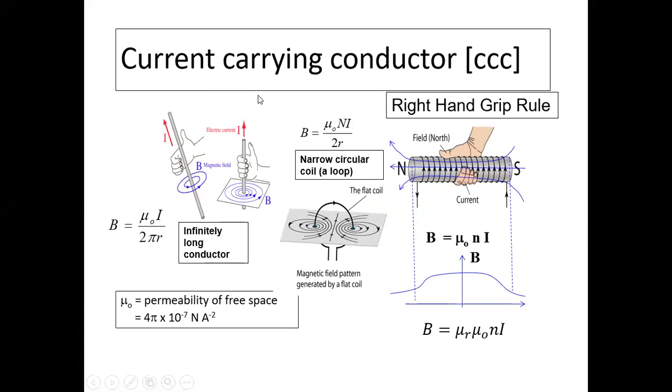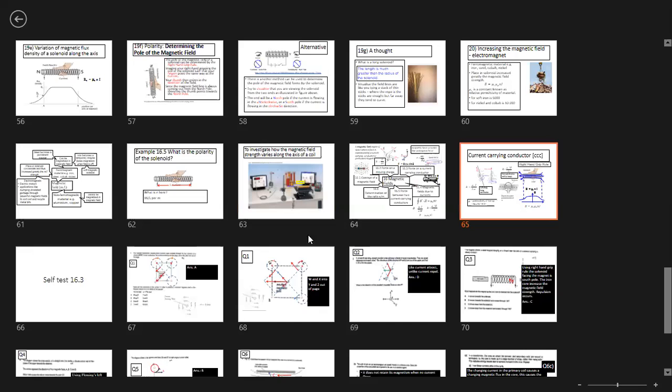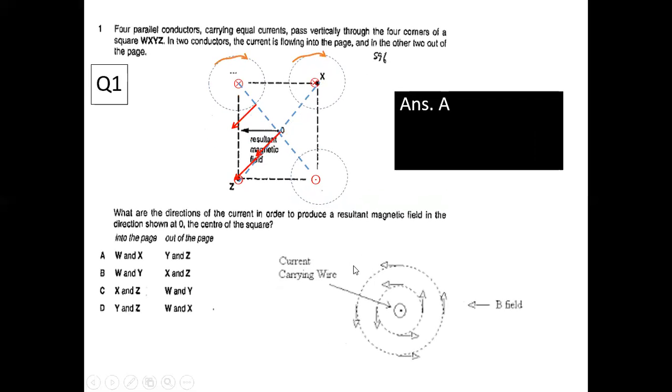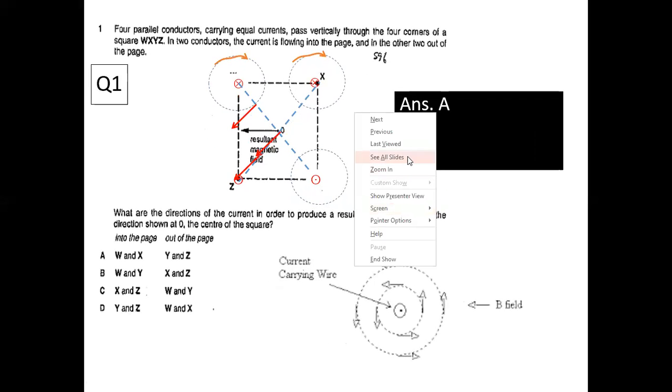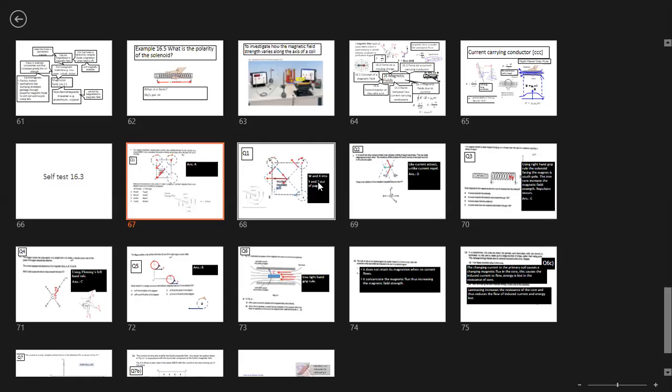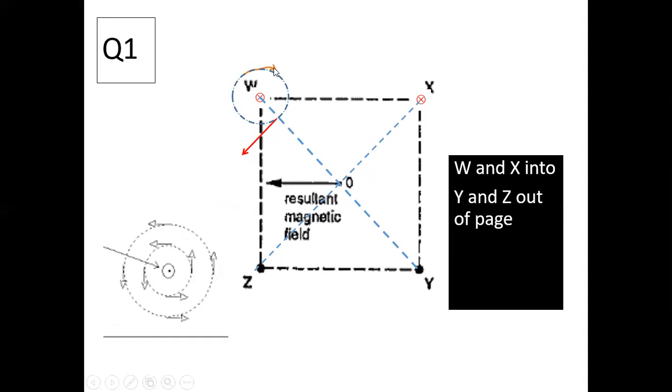We are just using this one. Your fingers represent the current. That one represents your magnetic field. So in this case, it's going anti-clockwise. That's all. I'm just applying to here.